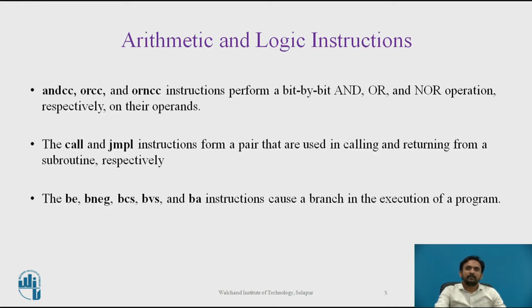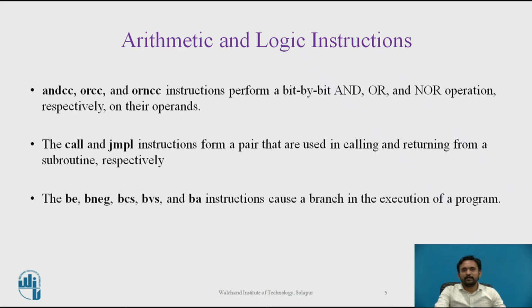Now regarding some of the arithmetic and logical instructions, for the ANDCC instruction, each bit of the result is set to 1 if the corresponding bits of both operands are 1. Otherwise, the result bit is set to 0. For the ORCC instruction, each bit of the result is 1 if either or both of the corresponding source operand bits are 1. Otherwise, the corresponding result bit is set to 0.